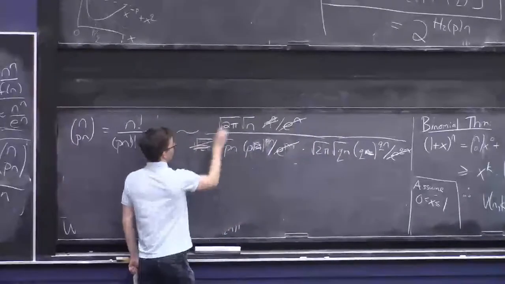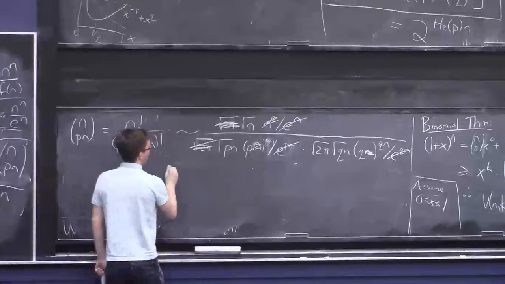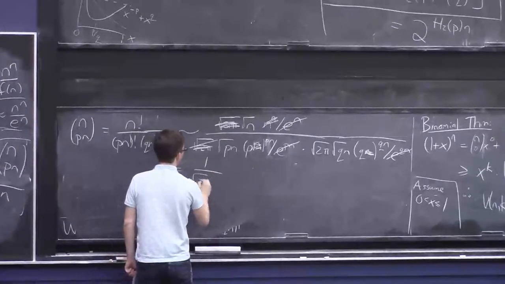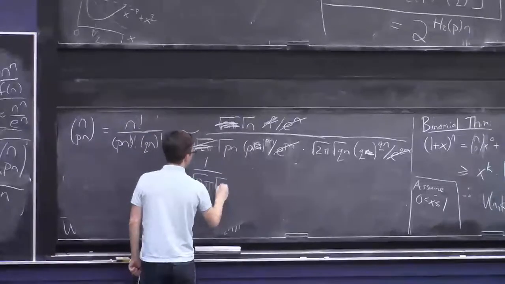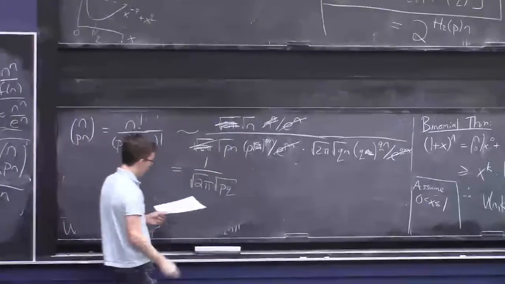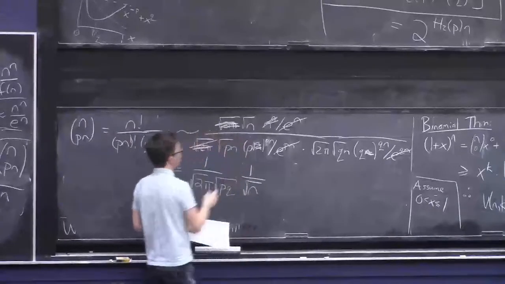Some of the root 2 pi's cancel. And what are we left with? We are left with some constants, root 2 pi, and we got root p and root q. Those are all constants in our minds. And we get 1 over root n. So only one of the root n's canceled.